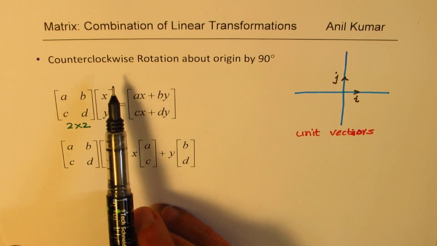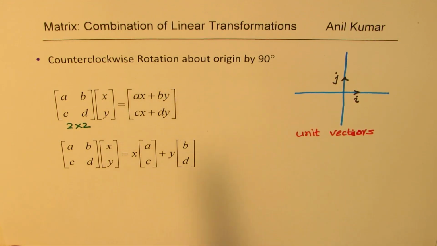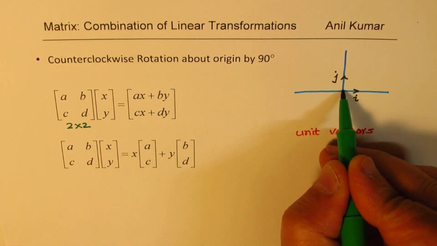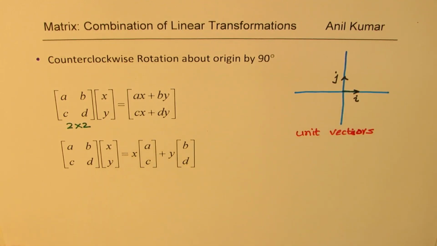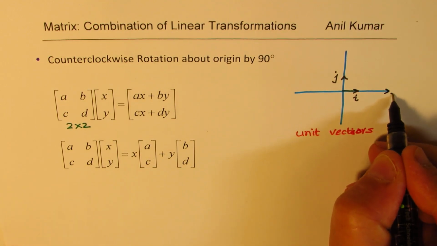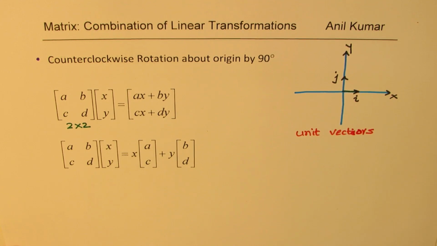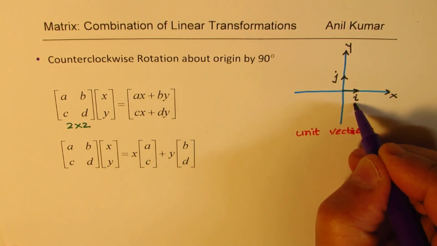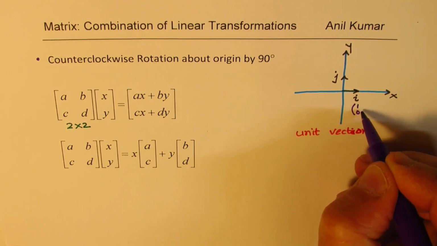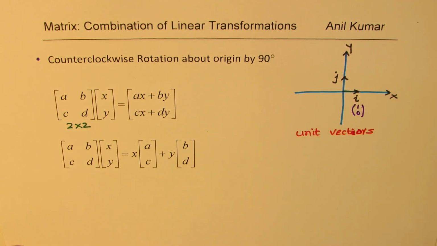Now when we rotate about origin by 90 degrees, let me take the unit vector i along the x-axis and j along the y-axis. Then I could write i as (1, 0), correct? That is my unit vector.